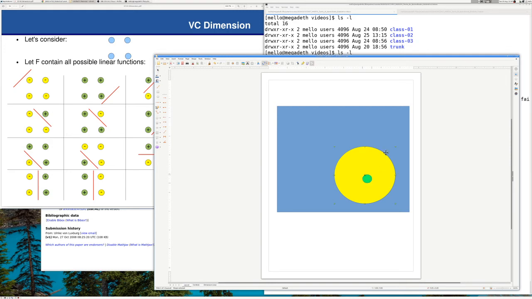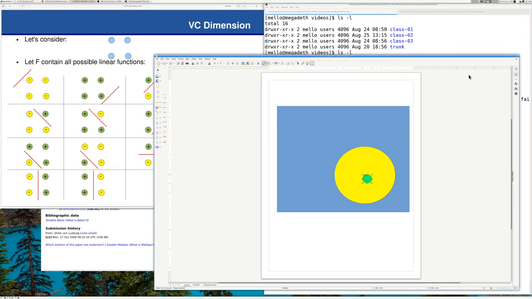By having more functions, of course, the probability of containing the best classifier is greater here than here. That basically means I will need a greater sample size to train this classification algorithm than this algorithm that provides a more restricted bias.